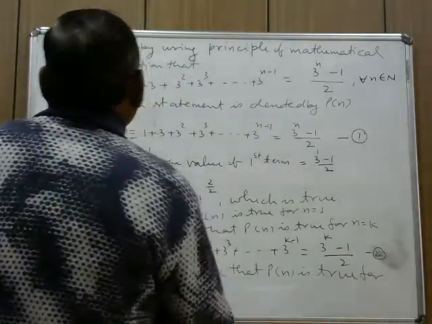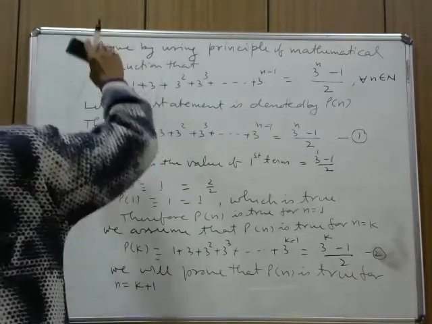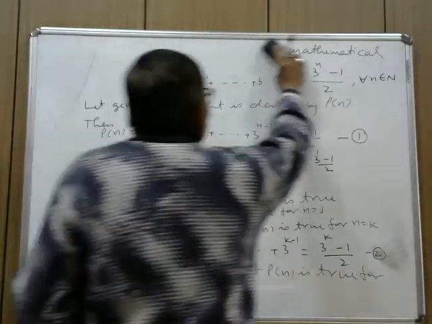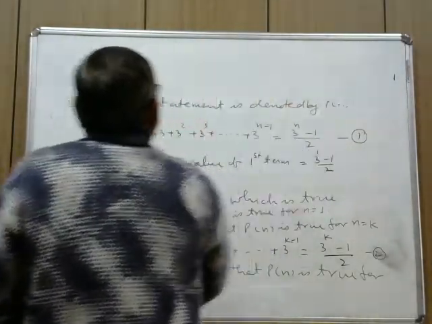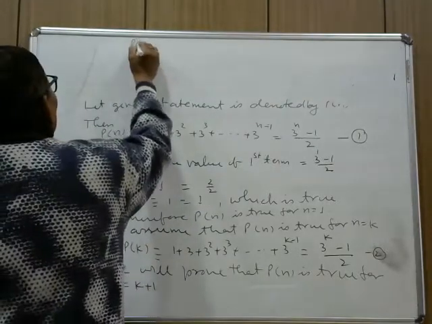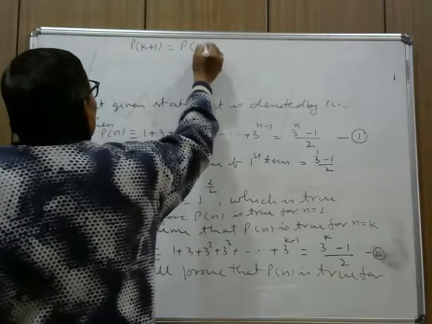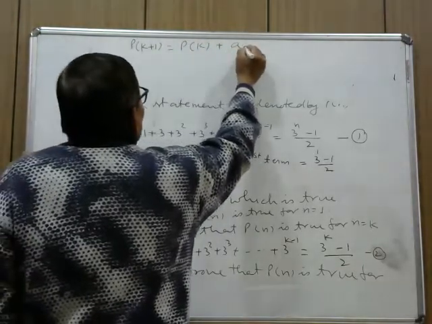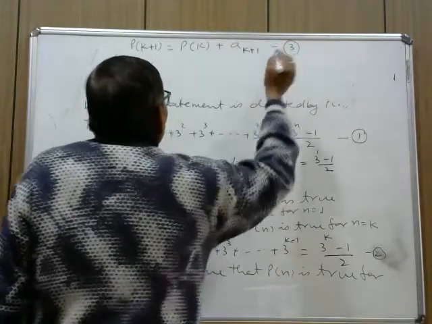So now you can write Pk plus 1 equal to Pk plus the k plus 1 term, that is, the sum of k plus 1 terms equals the sum of k terms plus the k plus 1 term. This is the third step.